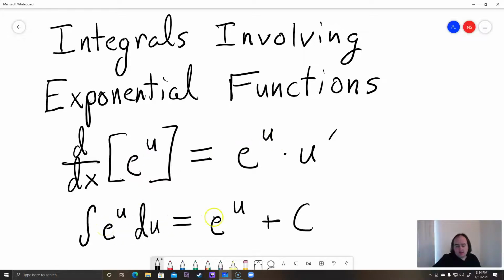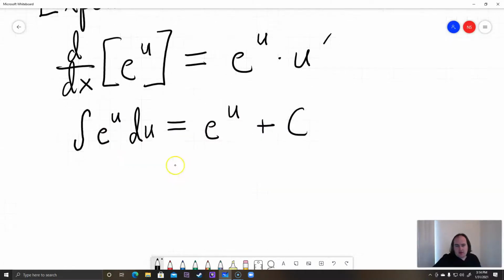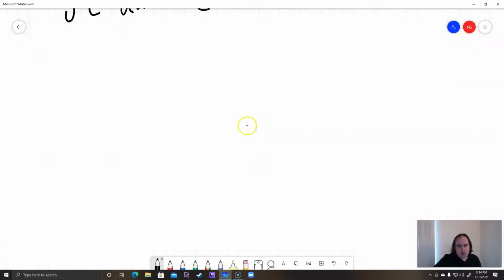In this lesson, we're going to be focusing on the integrals. And while it's an easy formula to start with, it's very helpful. Some integrals can be made a lot more straightforward if you write them as an exponential function. Okay, so let's see some examples.